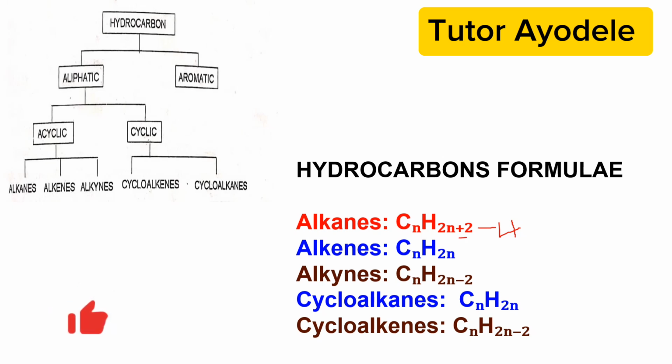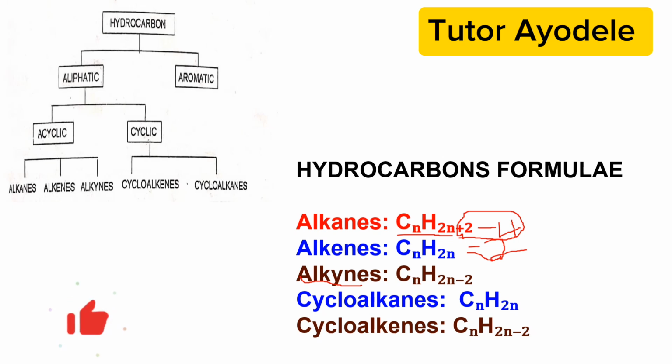So everything changes to minus 2, and we have CnH2n minus 2. So that is the formula for alkynes.